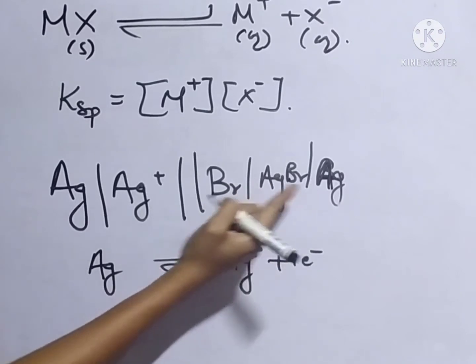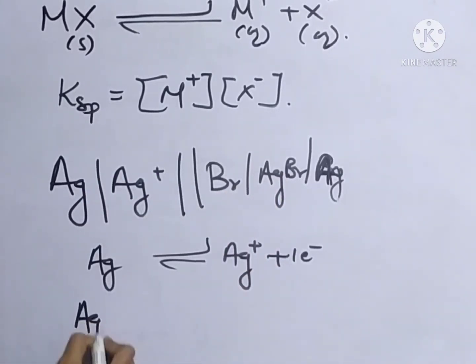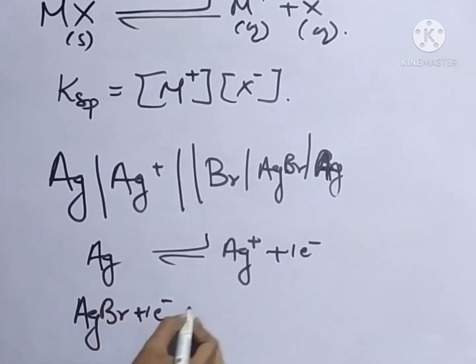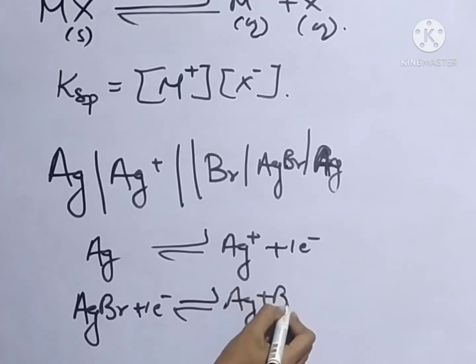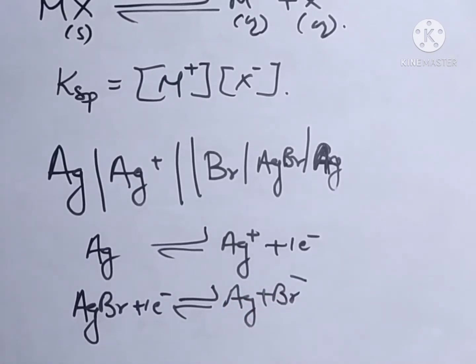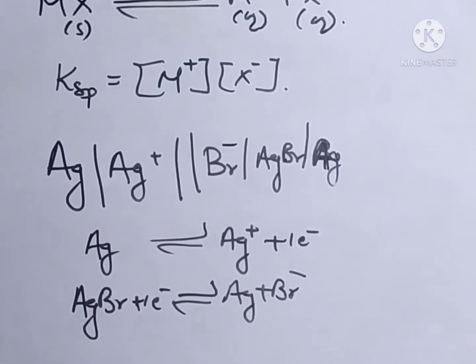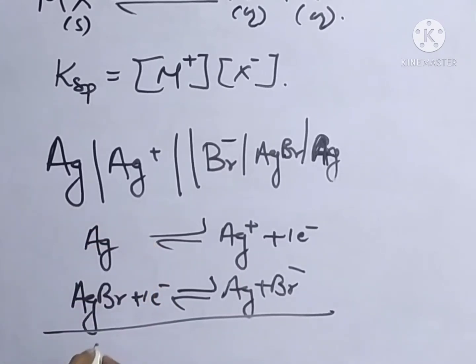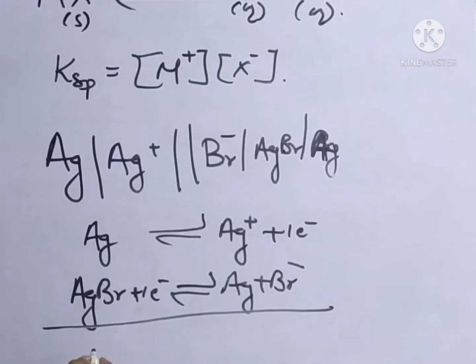If you write the cathodic reaction, it is reduction. Right. So AgBr, by abstracting 1 electron, converts to Ag plus Br minus. Here also Br minus. Okay. So the entire cell reaction is like this. Ag and Ag will be cancelled and the 1 electrons are also cancelled.